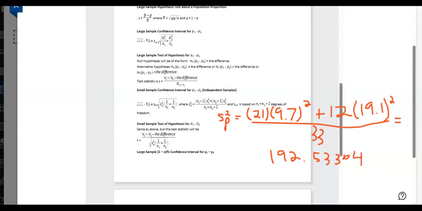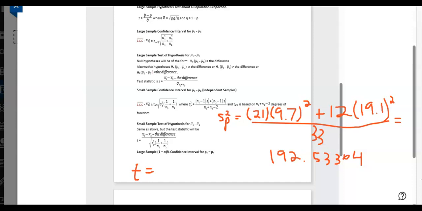All right, now that's the first part. Now we've got to do the actual test statistic. Since our null hypothesis is that mu1 equals mu2, which is really that the difference is 0, we'll have our first mean minus our second mean minus 0.